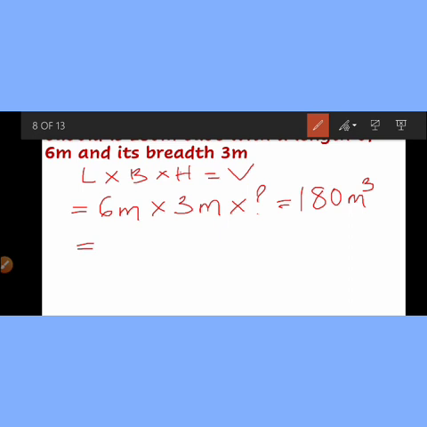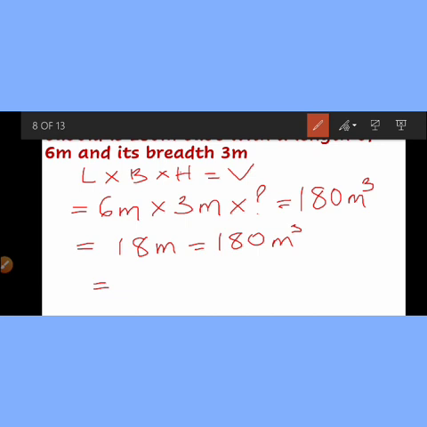Now, all I'm expected to do here is to multiply what I have out. I have here 6 meter times 3 meter times nothing. That will give me 18 meter equals to 180 meter cube. Now, what am I expected to do?